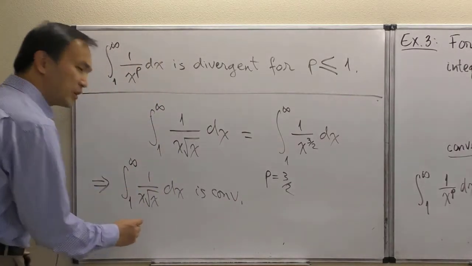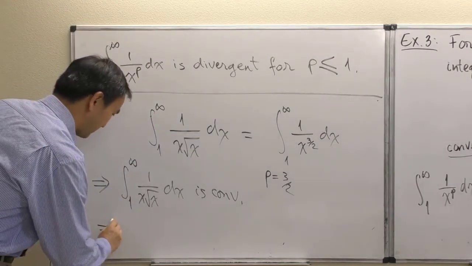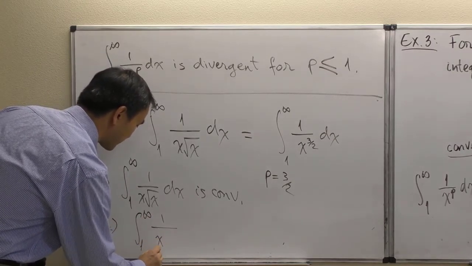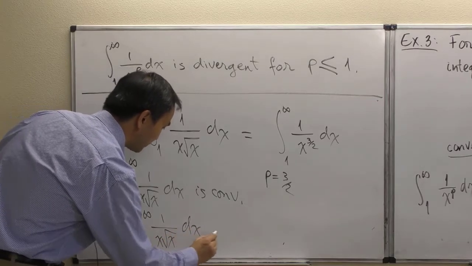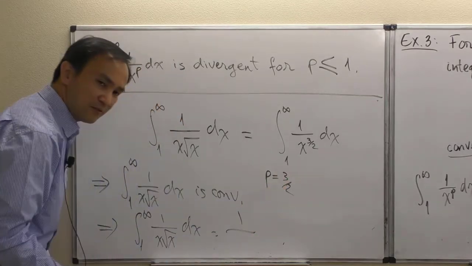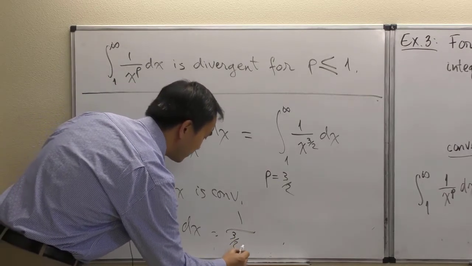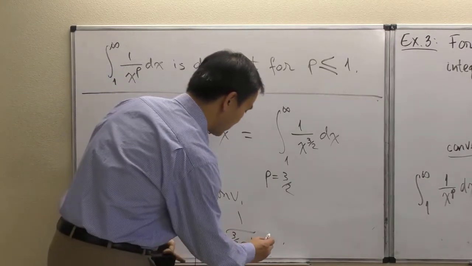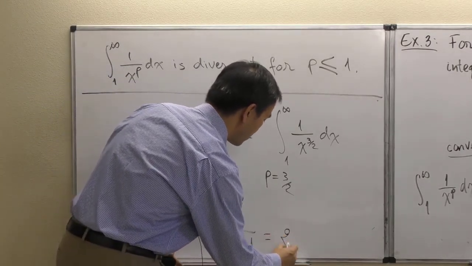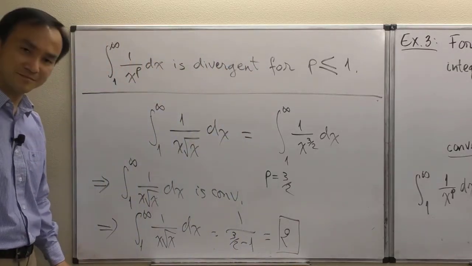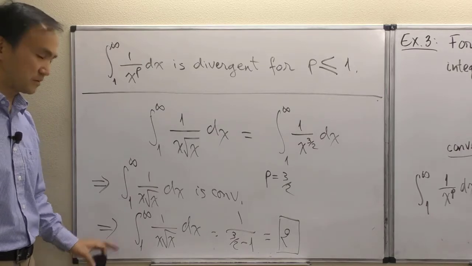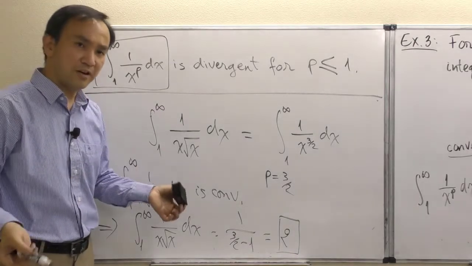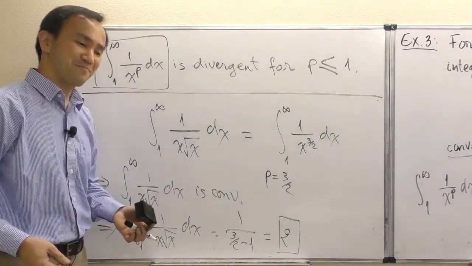And being convergent, we can go one step further: its final value will come out being 1 over, now our value of p is 3/2, so it's 3/2 minus 1 in the denominator, which is 2. All right, and so that's how this type of improper integral is very deserving of your attention.